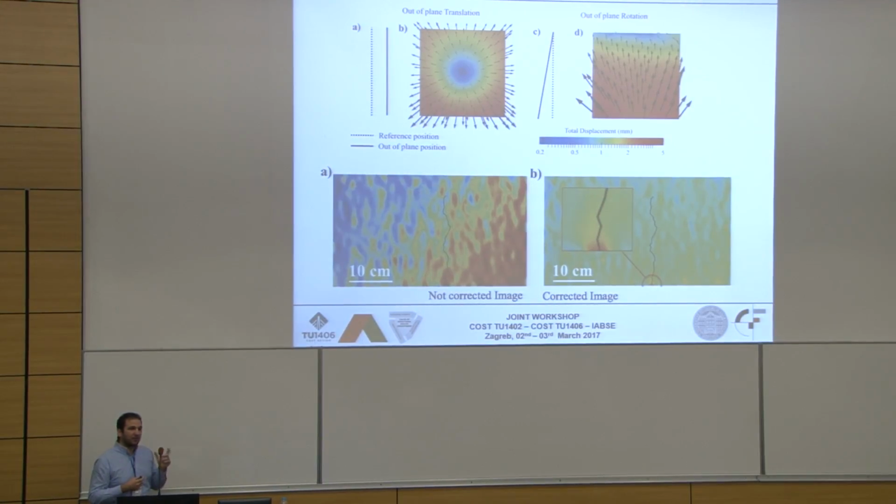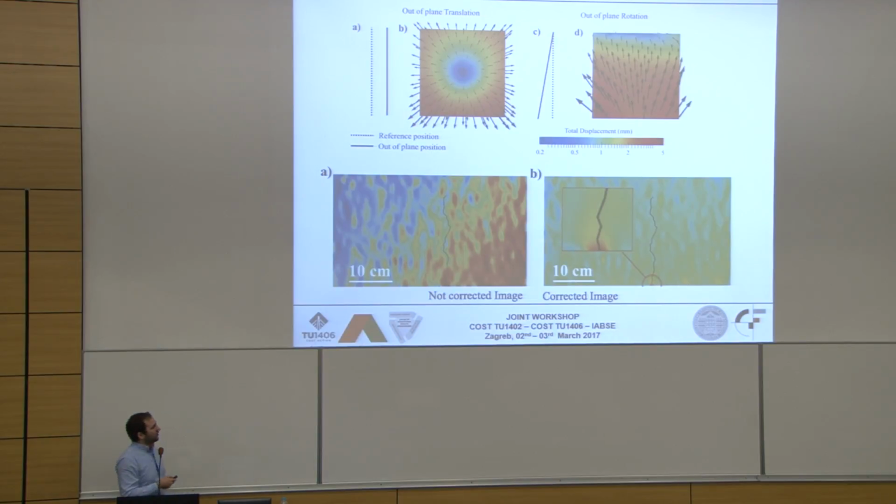We have developed some algorithms to correct it. For example, this is a beam of around 1 meter with DIC, and the crack appears at the end. So this is before correction, and this is after correction. Here you cannot see almost anything, but here you can see the red spot where the crack is going to appear at the end.